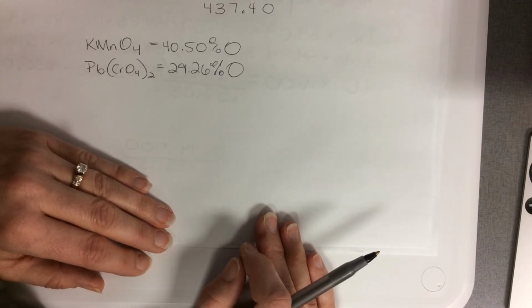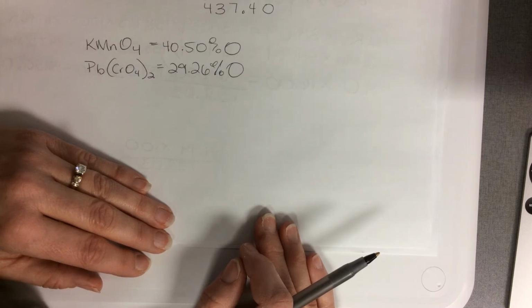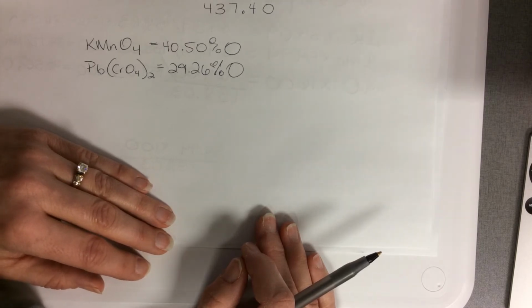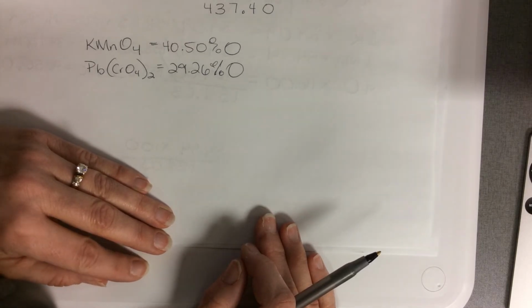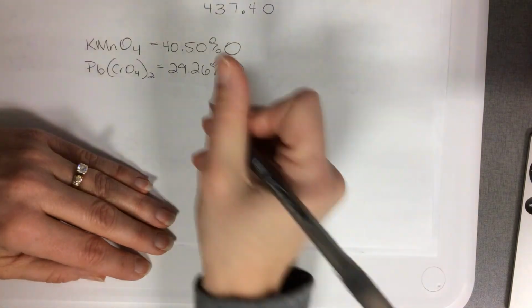TJ, what do you have as the total mass due to oxygen in the magnesium hydroxide? I don't have that written down. I have 58.38. That's the molar mass. What's the total mass due to oxygen? Is it 32.00, right? Okay, I did have it written down.